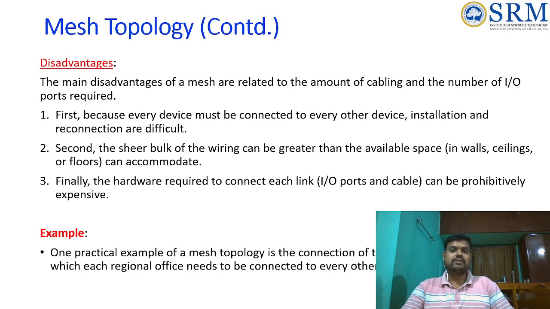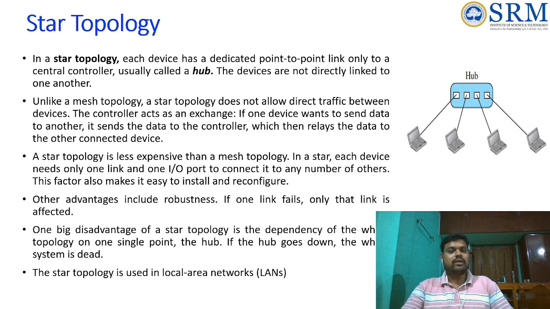The next one is the star topology. In star topology, all the devices are connected through a central hub or central controller. All the 4 devices are connected through a central switch or central router, which is called a central controller.